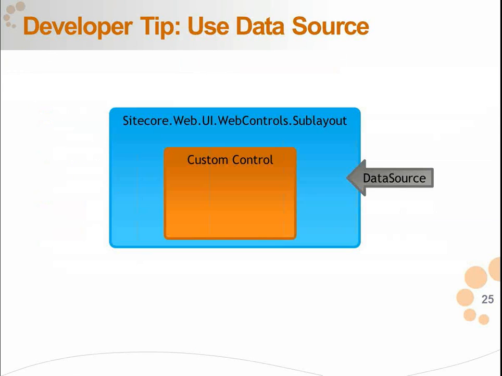It's in the sitecore.web.ui.webcontrols namespace. That control wraps my control. When the data source is set, it's not actually set on my control directly, because my control just inherits from user control. The data source is actually set on the sublayout. Okay, the information is there. I just need to know how to go and look for it and to use it.